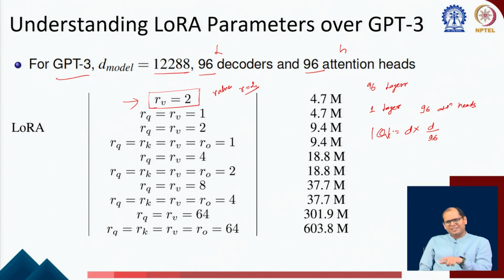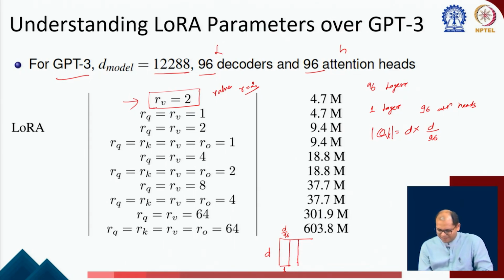Now, do I apply LoRA there? No. So what exactly do they do? They say you have 96 such matrices, and each matrix is D cross D by 96. This is for the first attention head. You will have similar matrices for all the attention heads, so you keep stacking them one after another.